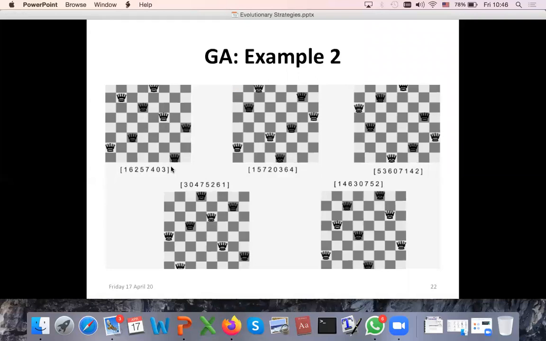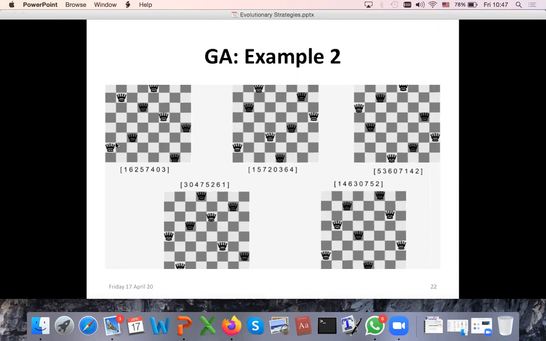But this is only the idea, and you can get the detail from the internet anywhere. For example, this is a solution, and we can represent it with a simple string. This is square one, two, three, four, five, six, seven, and eight.